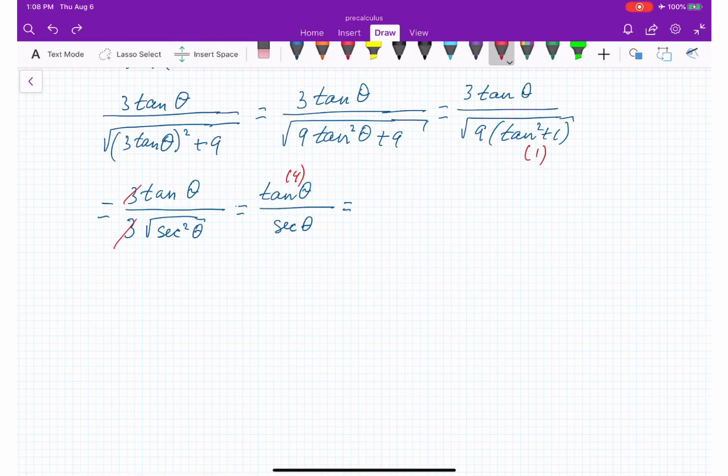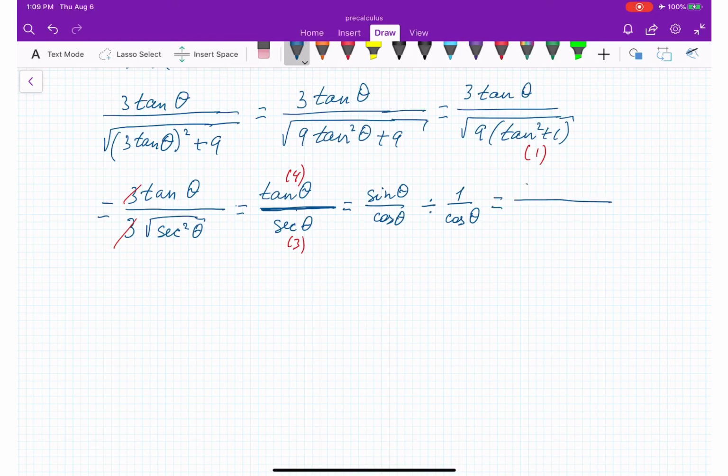So tangent is sine theta over cosine theta, divided by secant theta, which is 1 over cosine theta. The fraction line always means division. Division flips to multiplication, so it is times cosine theta over 1.